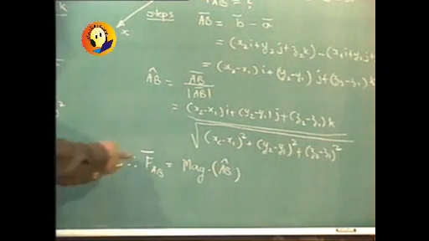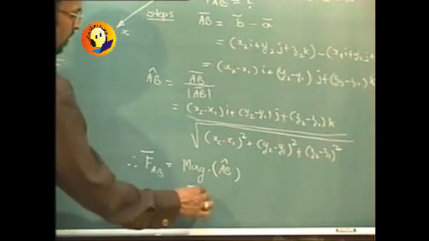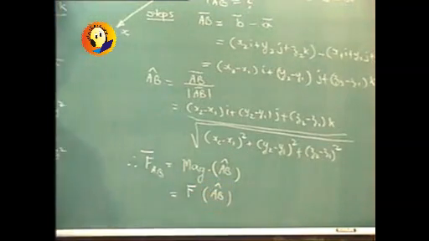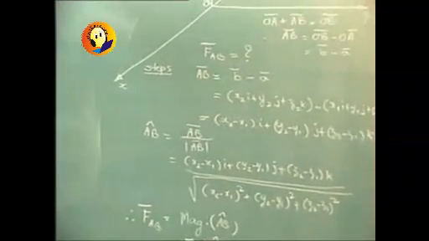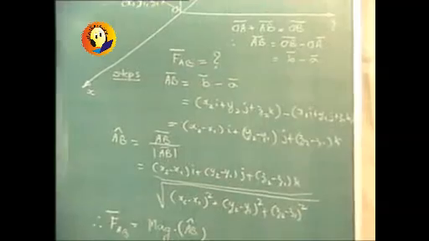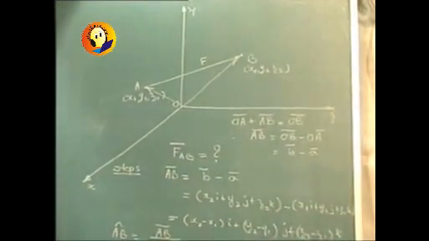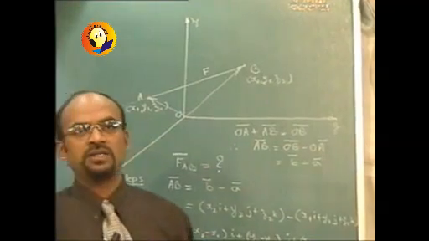So in this case F AB bar will be the magnitude of the force, given to us as F, into the vector AB cap, and so the force can be expressed in the vector notation form, which is a complete representation of that particular force. We can determine the magnitude also, and we can determine the angles made with the XYZ axes if they are asked in the particular problem.